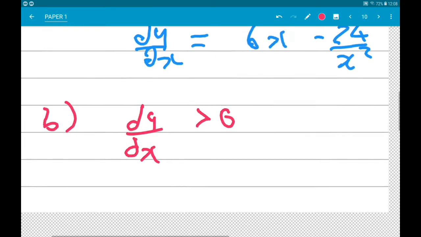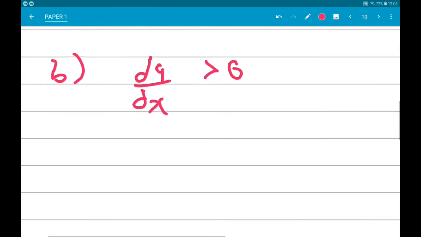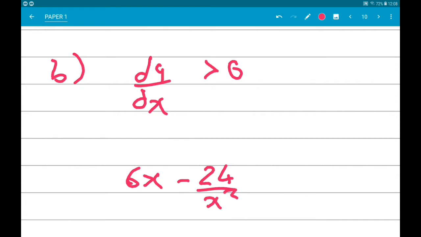So, that means then that 6x minus 24 over x squared is greater than 0.